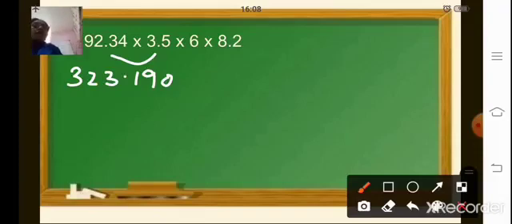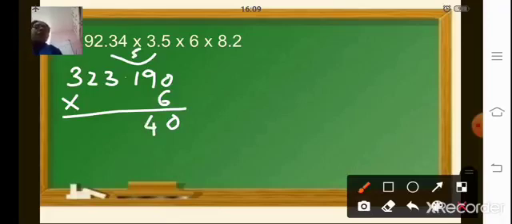Now to this number you have to multiply the number 6. So first we will ignore the decimal point and then start multiplying it with 6. Okay, 0 here, 6 nines are 54, 5 carry over here, 6 ones are 6, plus 5 is 11, 1 carry over here, 6 threes are 18 plus 1, 19, 1 carry over here, 6 twos are 12 plus 1, 13, and then here 6 threes are 18 and then 19.